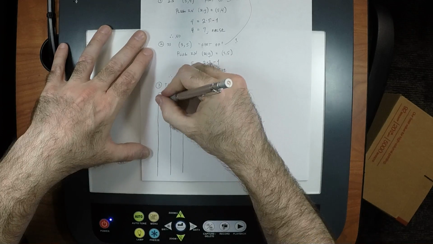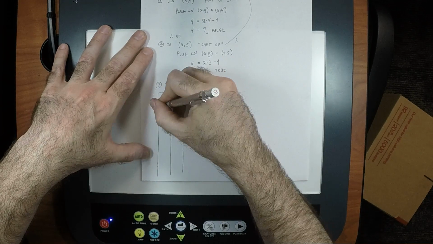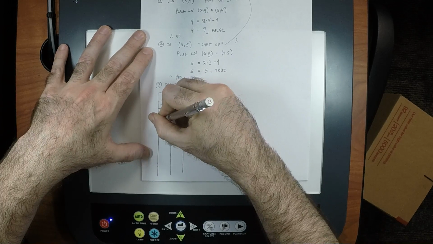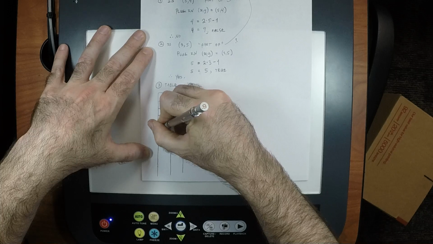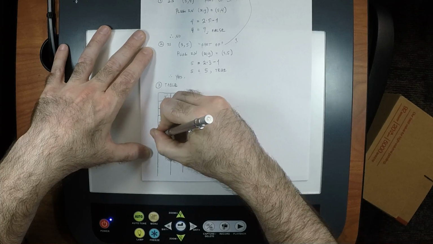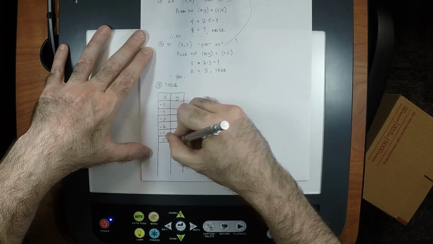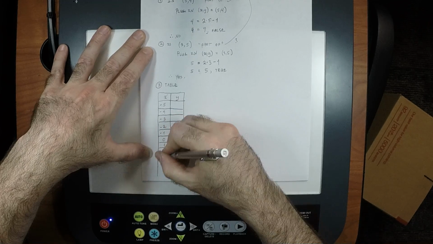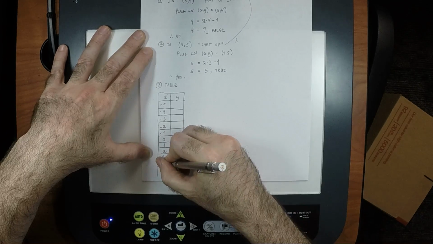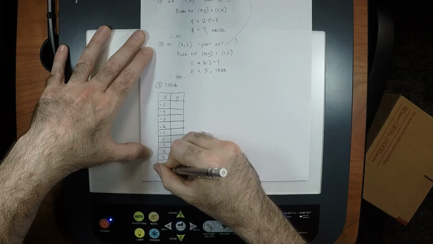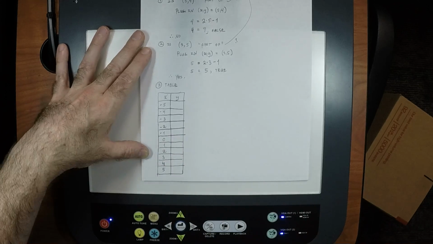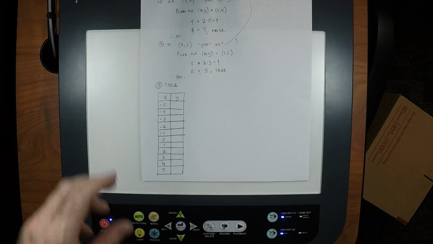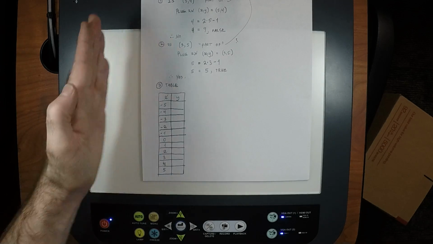So I'm gonna start with -5, and then -4, -3, -2, -1, 0, 1, 2, 3, 4, 5.